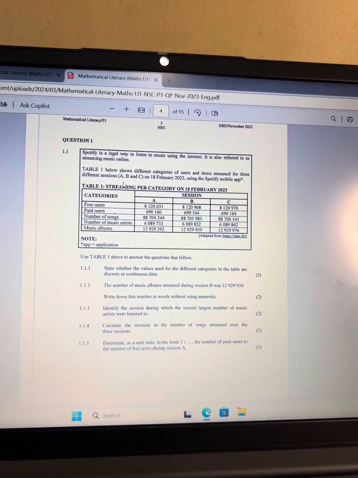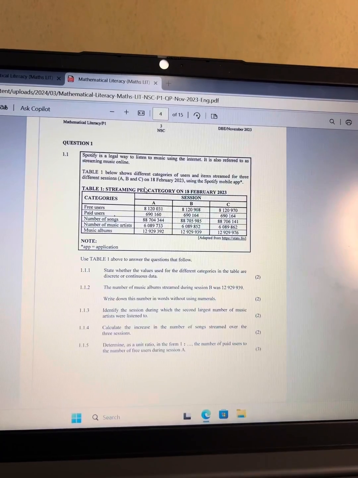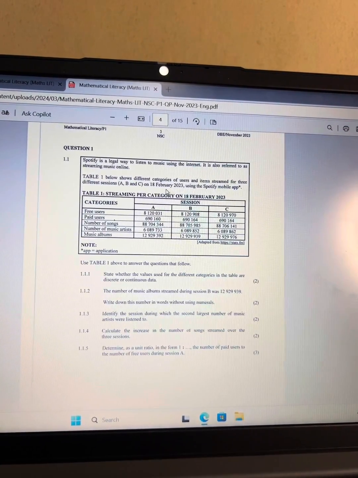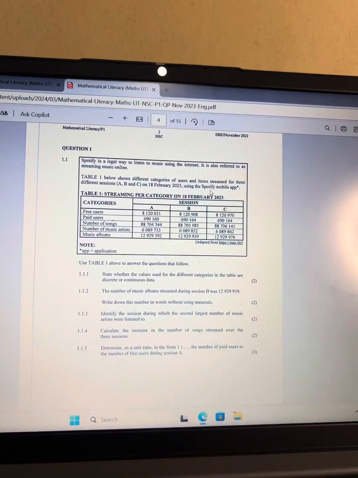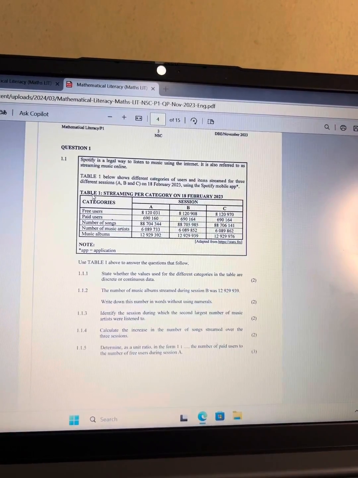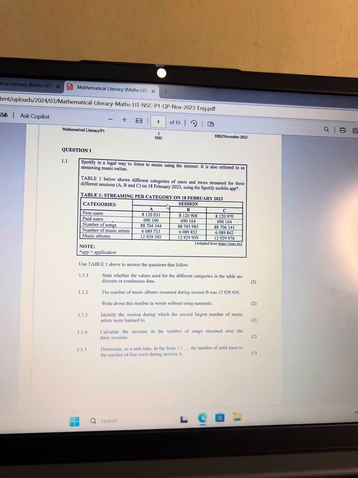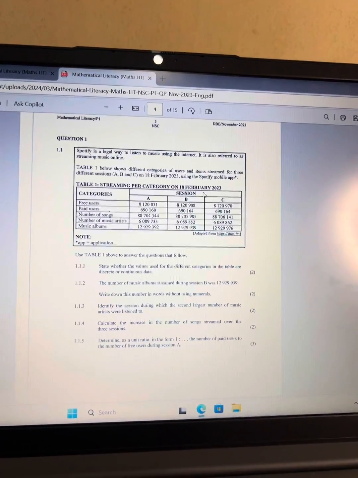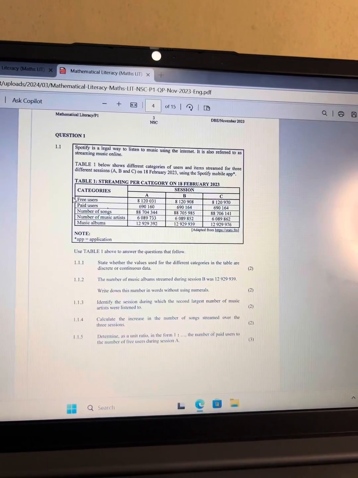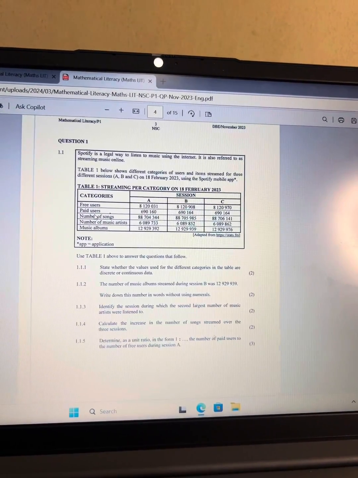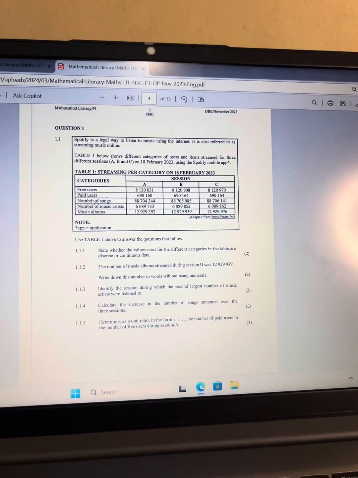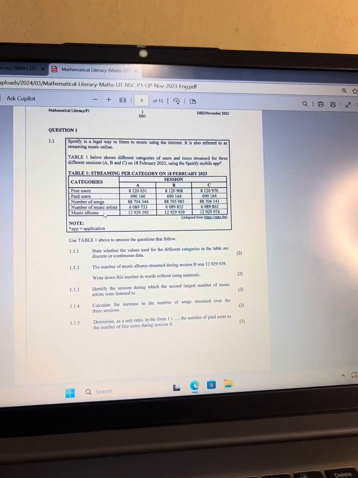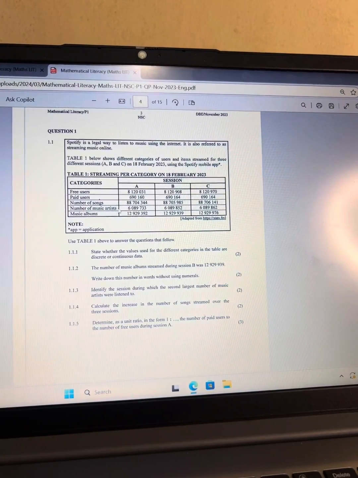We have sessions A, B, and C, meaning that we have 3 sessions, on 18 February 2023, using the Spotify mobile app. Then Table 1, streaming per category on 18 February 2023. Then we go to categories. We have free users, paid users, number of songs, number of music artists, and then music albums.